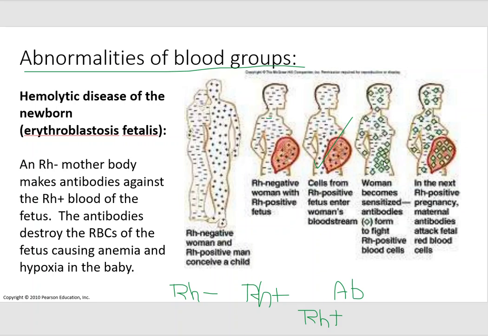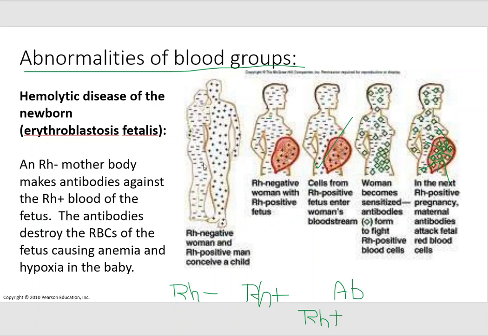So she gets these Rh antibodies. The next time she has a baby, if it turns out to be Rh positive, those antibodies are going to cross the placenta and attack the baby and could possibly kill it, because the baby is going to become severely anemic as all its red cells are attacked by mom's antibodies. That's hemolytic disease of the newborn.